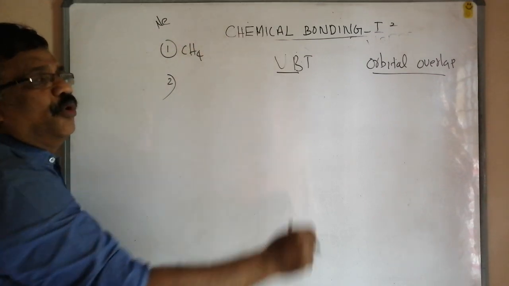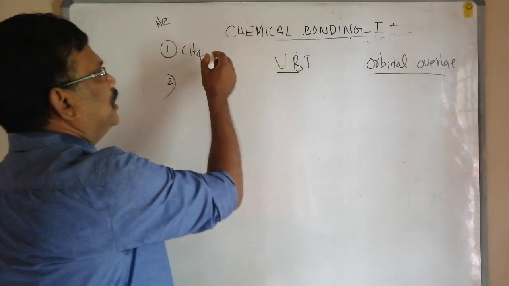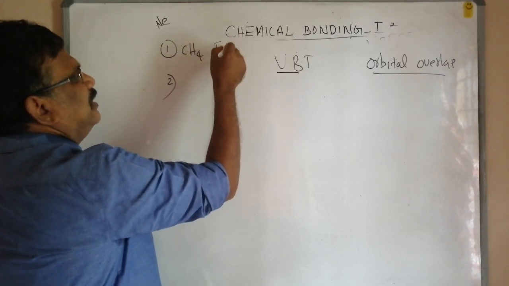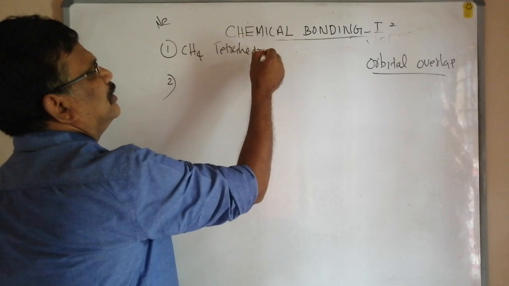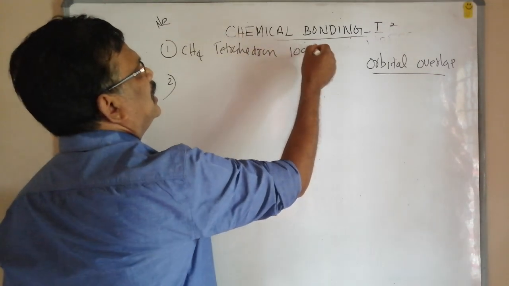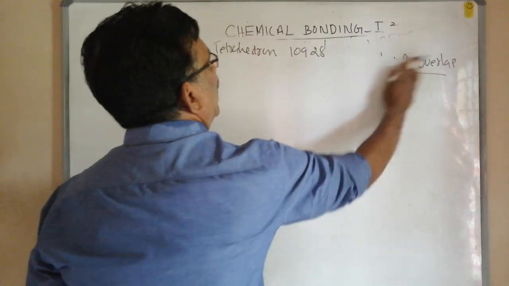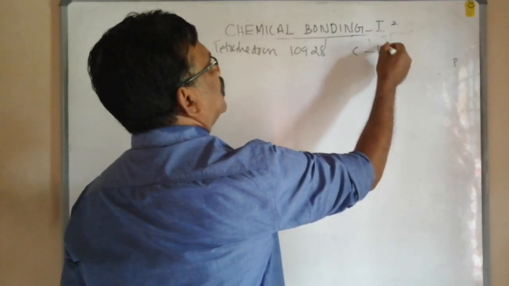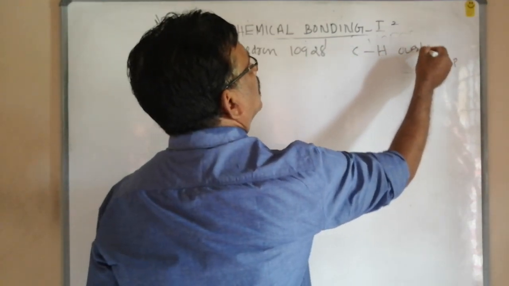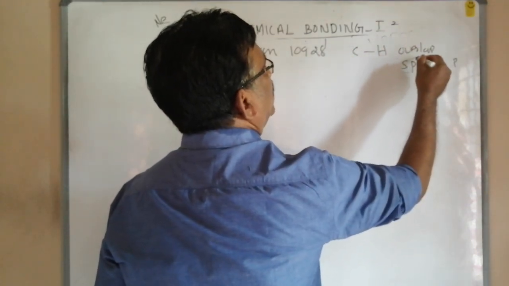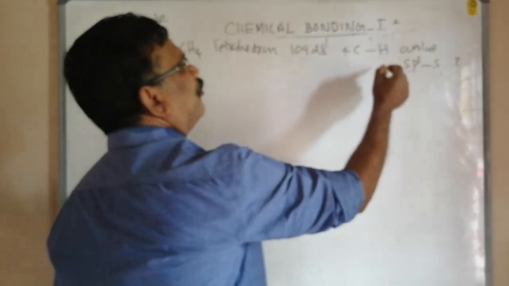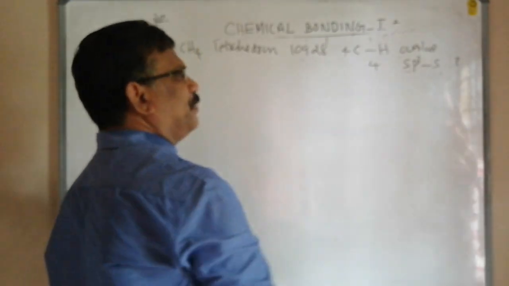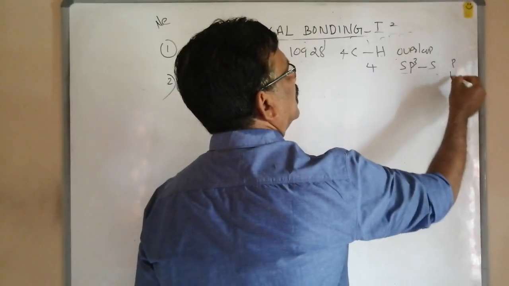Shape tetrahedron, bond angle 109 degrees 28 minutes, and C-H overlap, Sp3 S overlapping. Four C-H bonds are formed by four Sp3 S overlappings in methane, CH4.